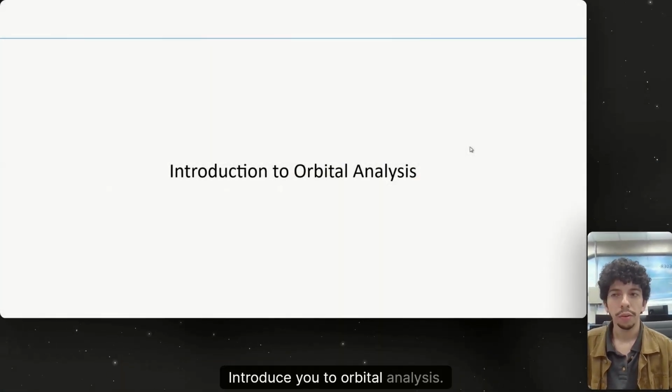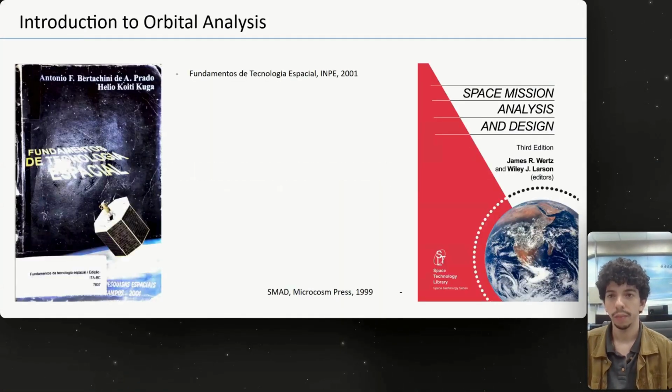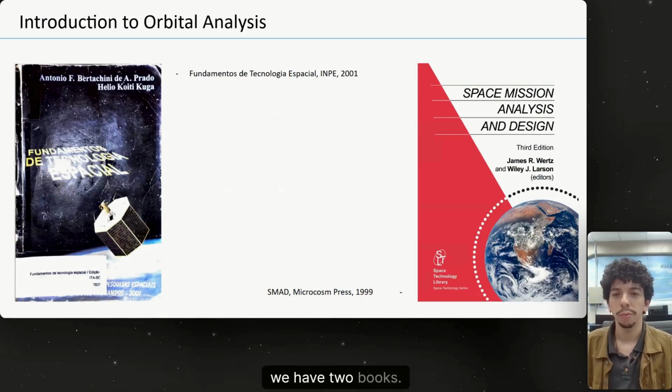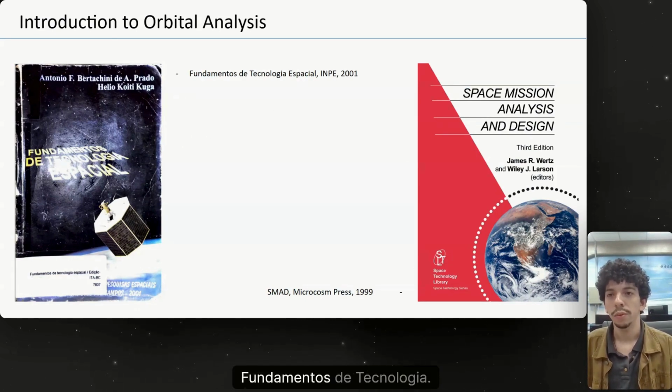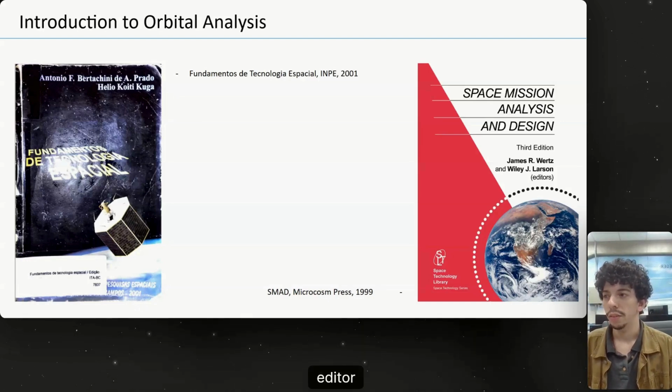Introduction to orbital analysis. In this slide, we have two books, and the first is Fundamentos de Tecnologia Espacial. The publisher is Instituto Nacional de Pesquisas Espaciais, de São José dos Campos, 2001.